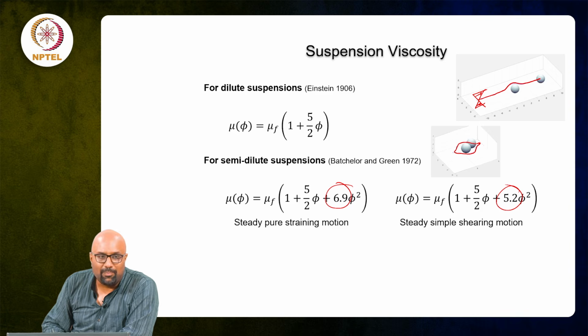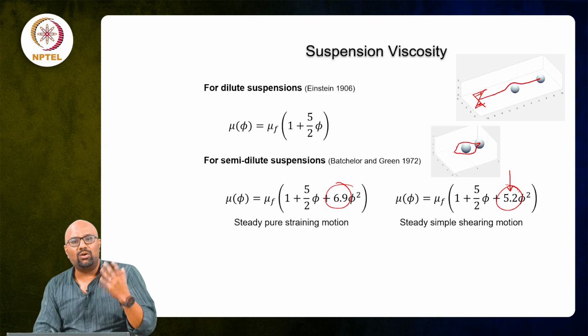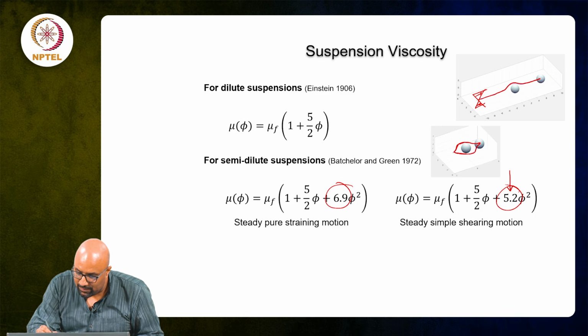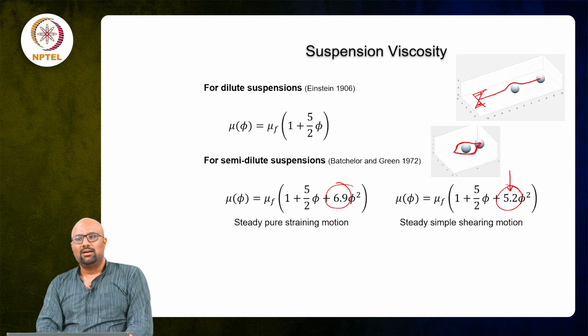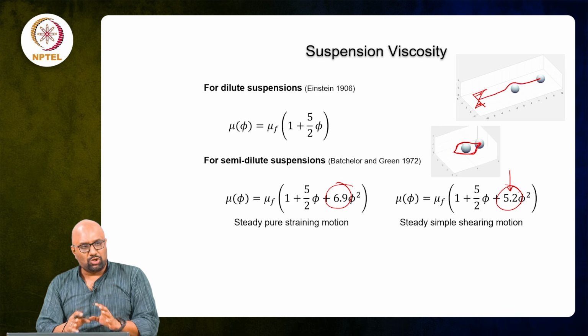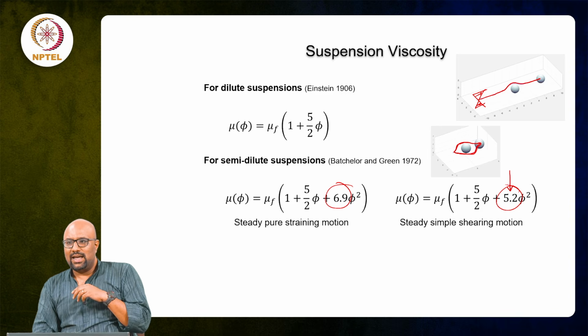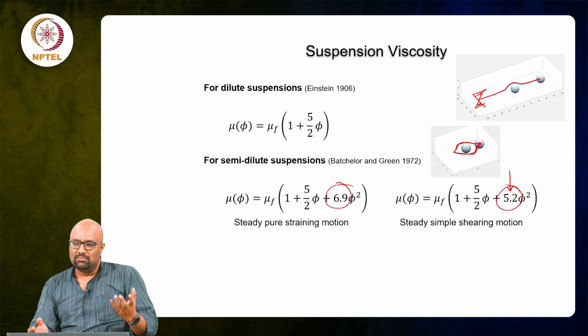So, it gets very complicated to the point that even this calculation of 5.2 can only be done if you say that there is some amount of Brownian motion in the problem, because when you have this kind of closed orbits, it gets difficult to determine what that probability is. So, all of this is just to show that the order phi square calculation, which is coming from the pair interaction, gets extremely involved when you are trying to extend it by looking at particle-particle interactions.